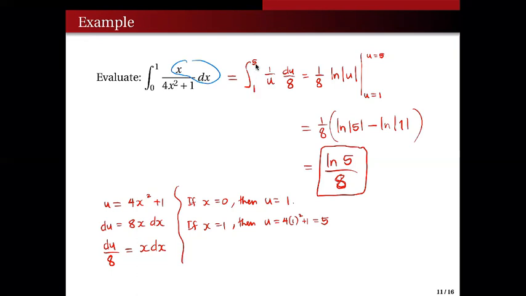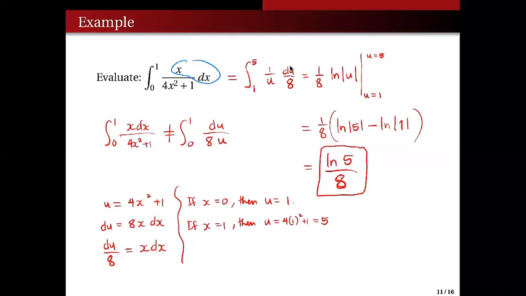are not the same. So what I'm saying is this integral from 0 to 1 of x dx over the square root of 4x squared plus 1 is not the same as the integral from 0 to 1 of du over 8u.